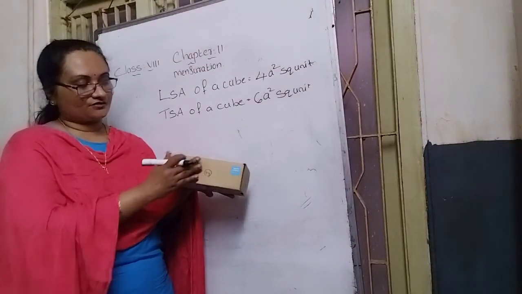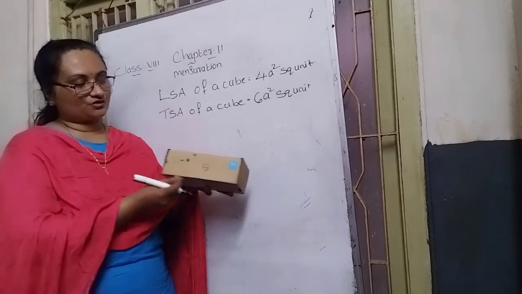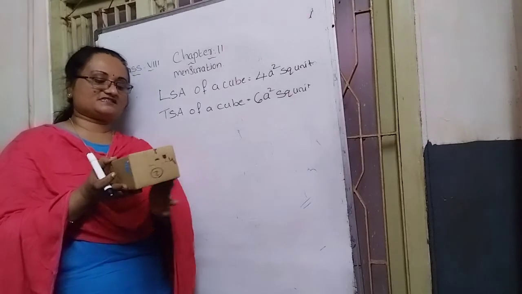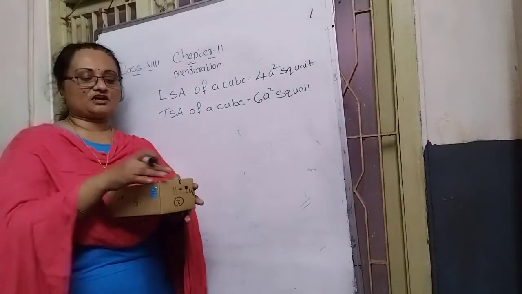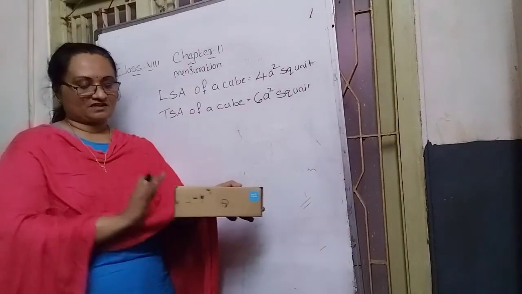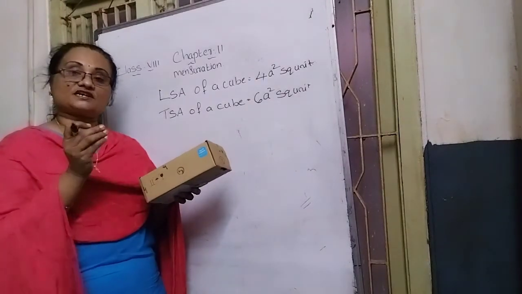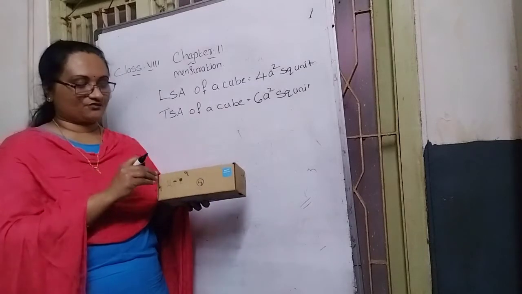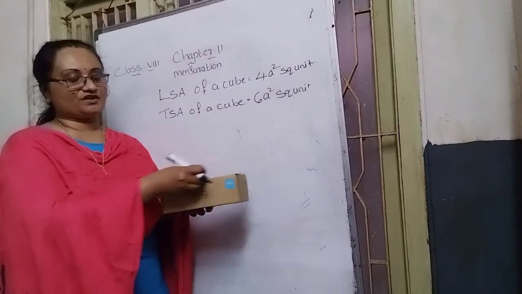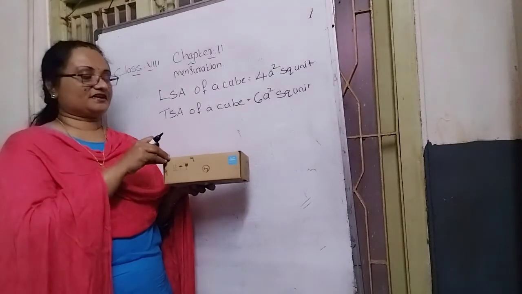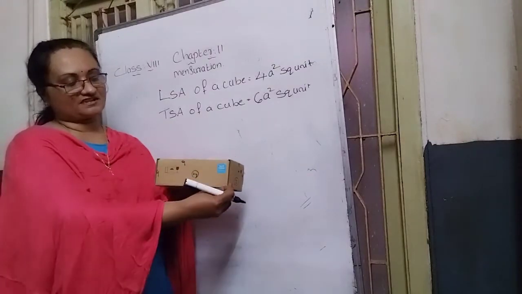How to identify? See, first the front face: 1, 2, 3, 4. The remaining back face: 5, 6, 7, 8. Then 9, 10, 11, 12. So it has 12 edges. Corner or vertices: where 3 lines join, we call it a vertex or corner. 1, 2, 3, 4.